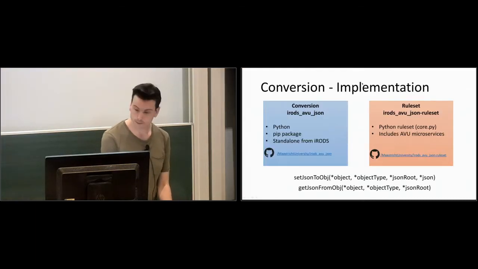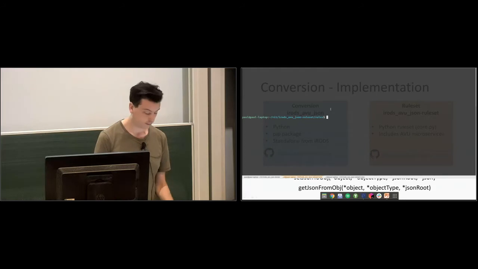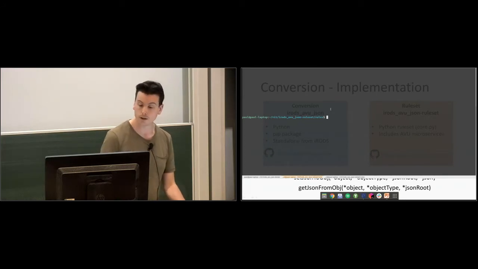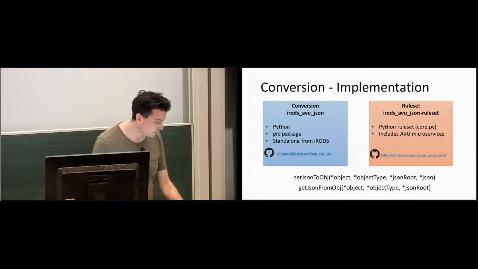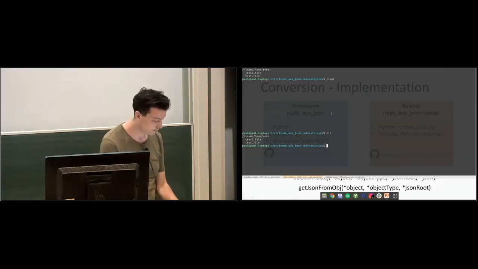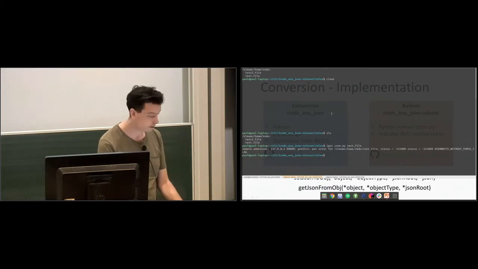So we've got two files in here, test2 file and test file. I'll only use test file for now. And I've got a JSON file.